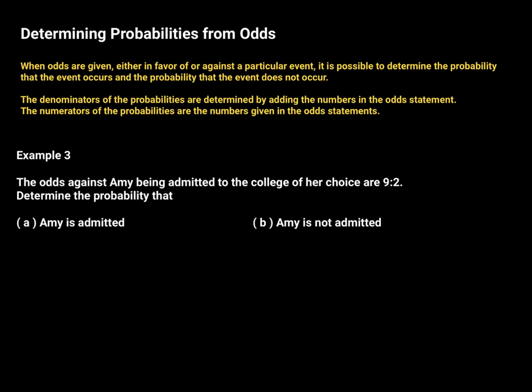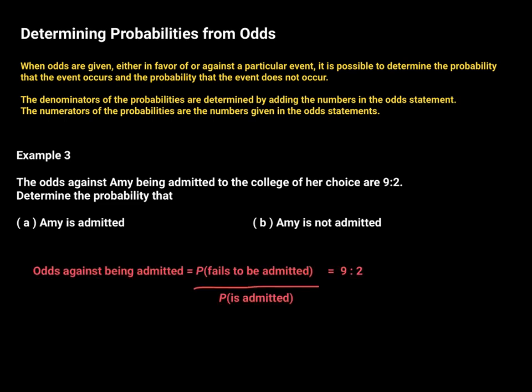All right, the odds against Amy being admitted to the college of her choice are 9 to 2. Determine the probability that Amy is admitted, and then we'll figure out the probability that Amy is not admitted. First of all, they gave us odds against being admitted.